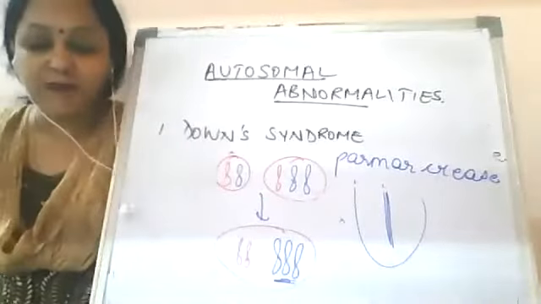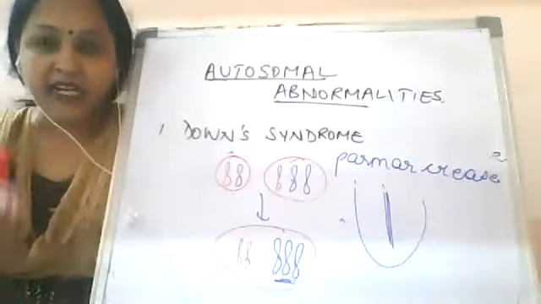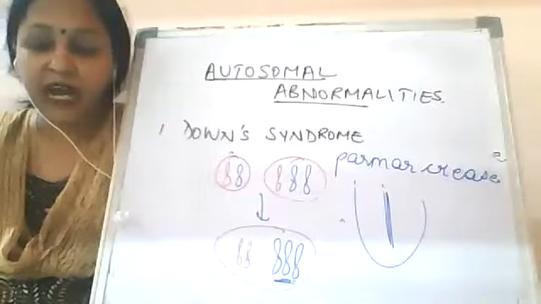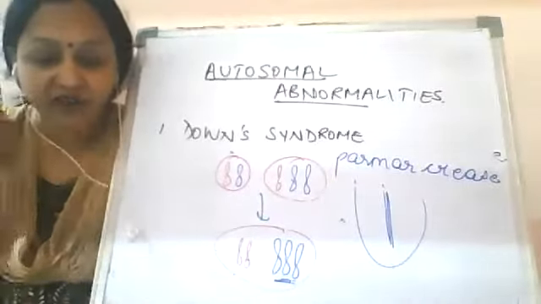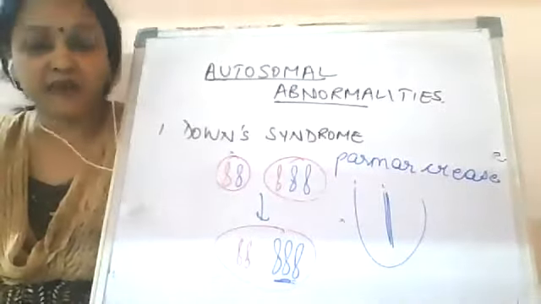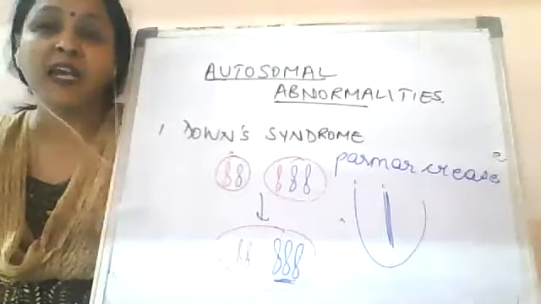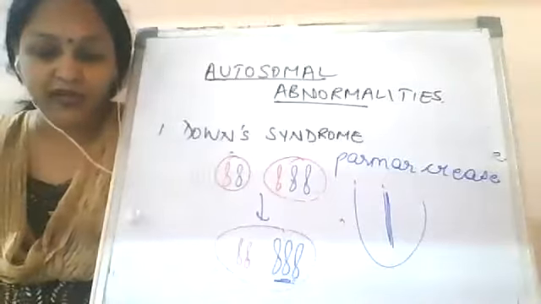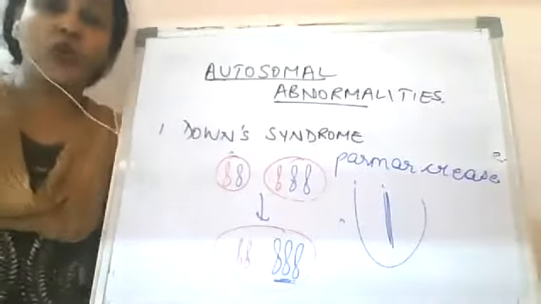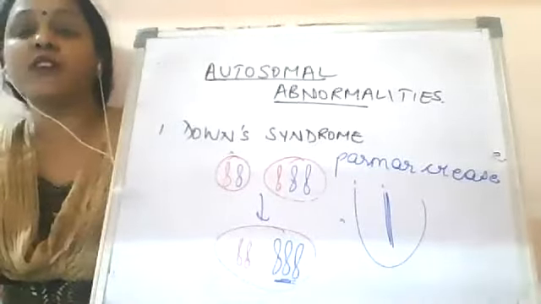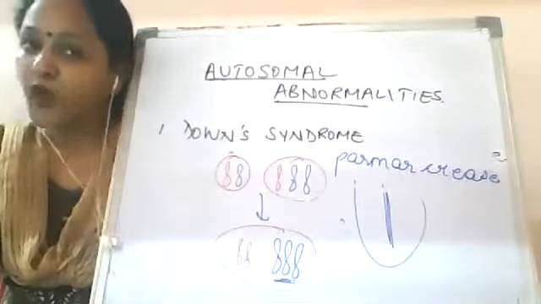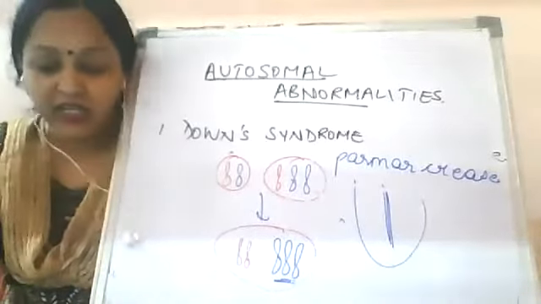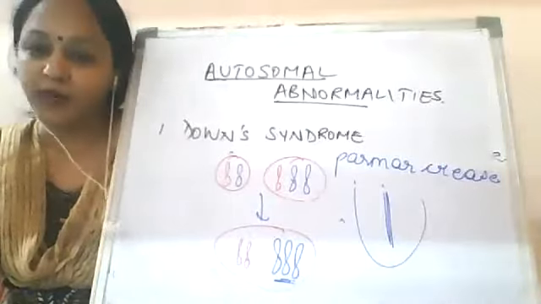They may also have a defective heart and other glands. Sometimes even the gonads, the male and female reproductive structures, may not be properly formed. That is why this disease becomes very problematic.